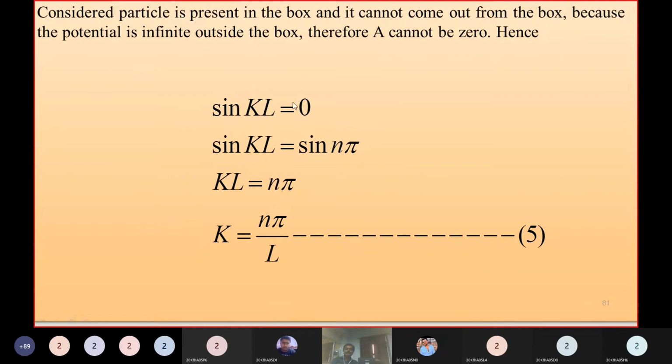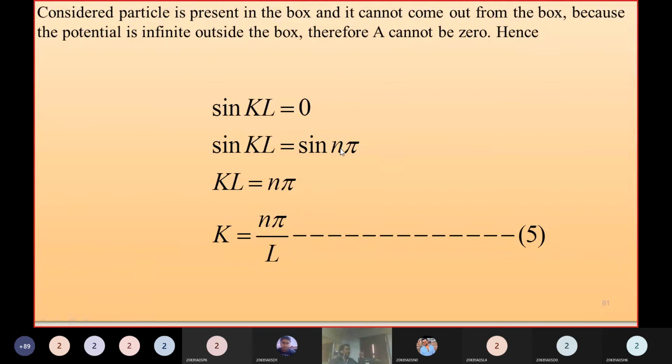At which situation will sin KL become 0? Suppose sine theta: when will it be 0? When theta is an integral multiple of pi, that is, n pi.